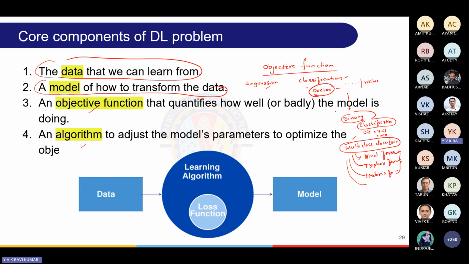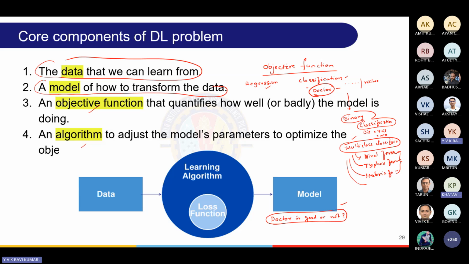Now, how do we decide whether a doctor is good or not? Based on the diagnosis accuracy, which means performance, curing the disease.